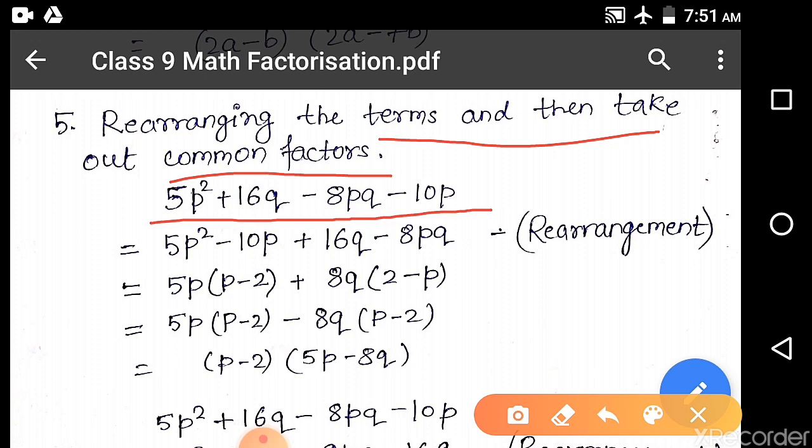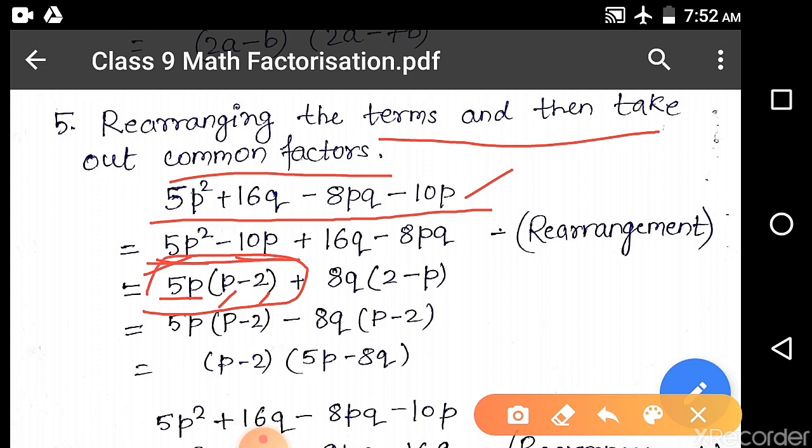Here we have taken 10p just after 5p square, so we can take 5 and p as common factor. So 5p is taken out common, and here we get p inside the bracket and minus 2. So this is the first part over.